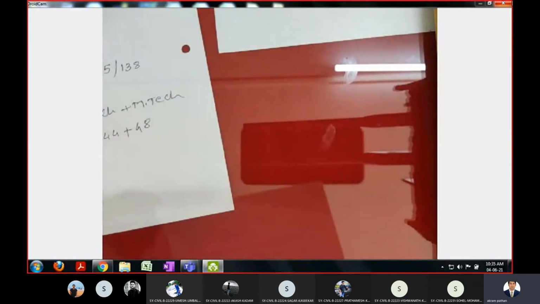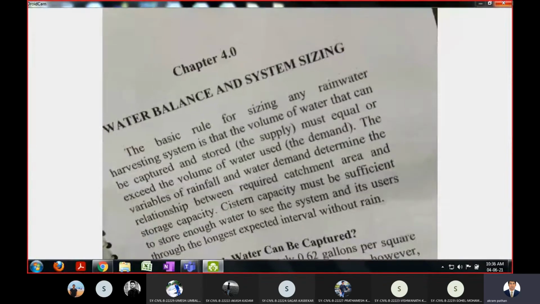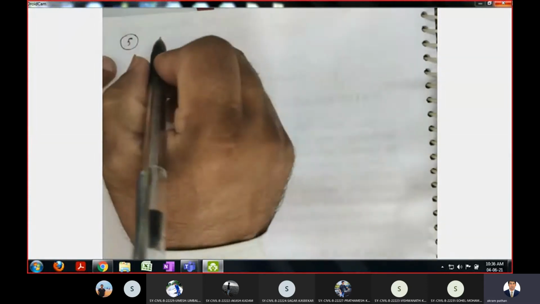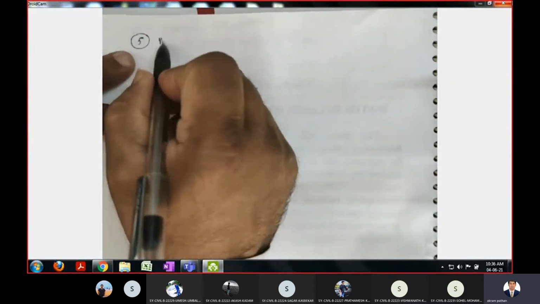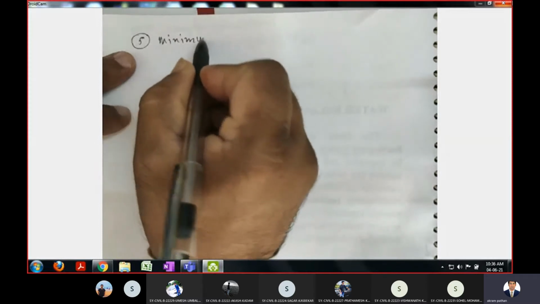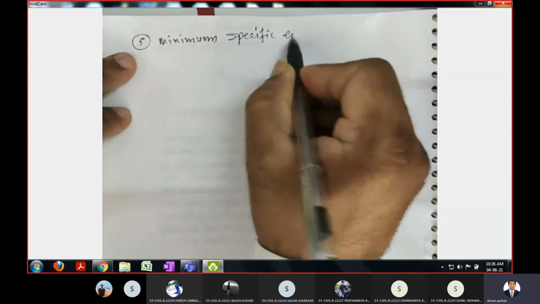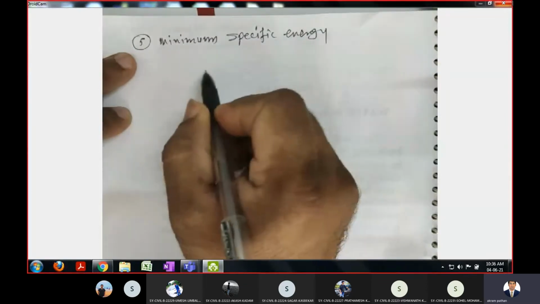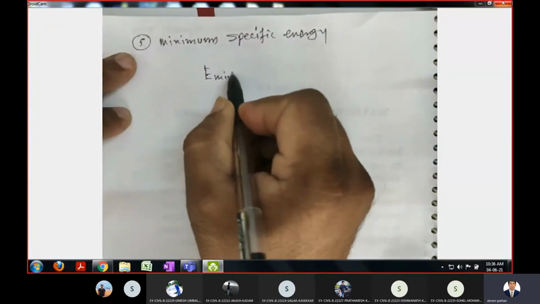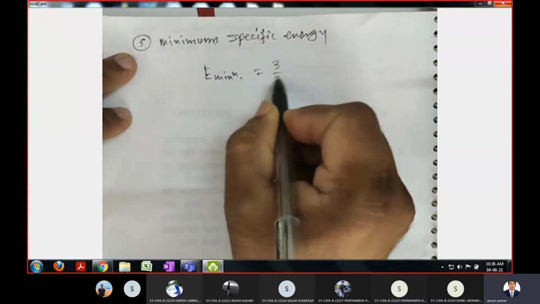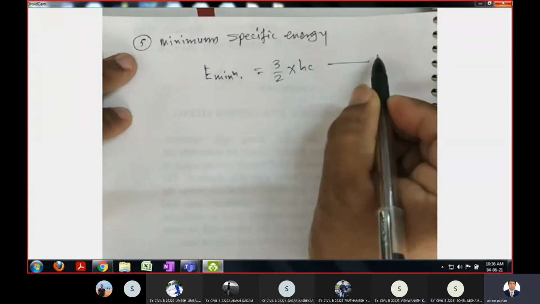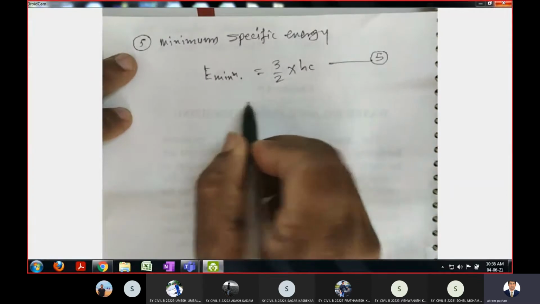Then we have to calculate the fifth parameter, the minimum specific energy, that is E minimum, equal to 3 by 2 of HC.